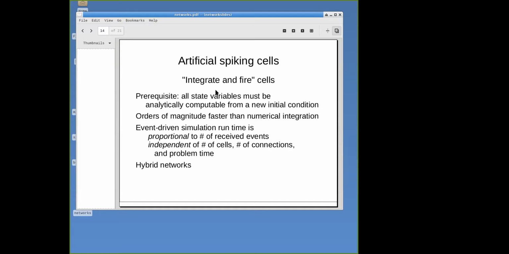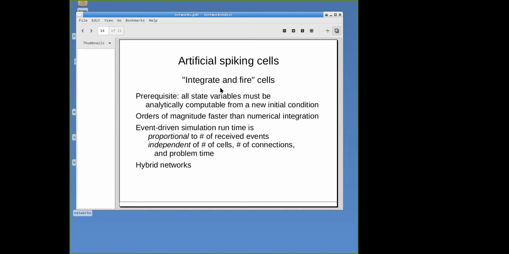And so NEURON has several built-in classes of artificial spiking cells, and some of them are integrate and fire cells, which impose very little computational burden, essentially none, because they're described entirely by algebraic equations that only have to be evaluated when a new event arrives.